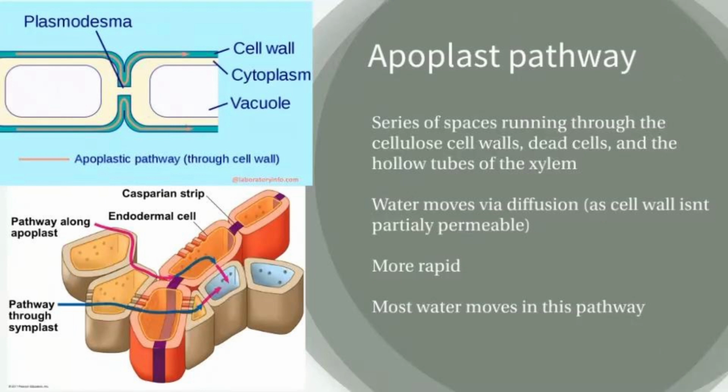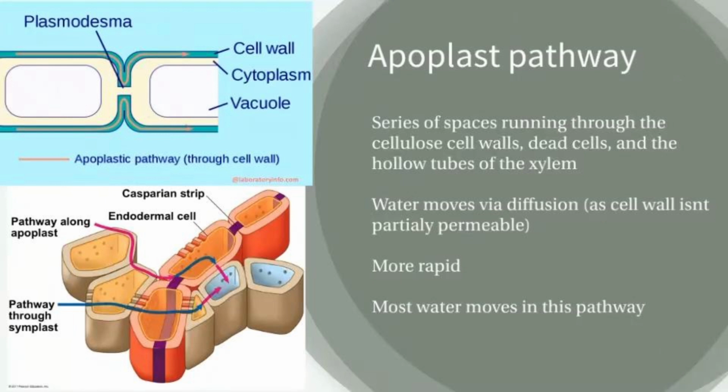I would again really recommend you go and have a look at the visuals for this, because it will make a lot more sense if you do. Basically the apoplast pathway is where water is moving through the cell walls, and there is something within the cell walls called suberin, and suberin blocks the apoplastic pathway.